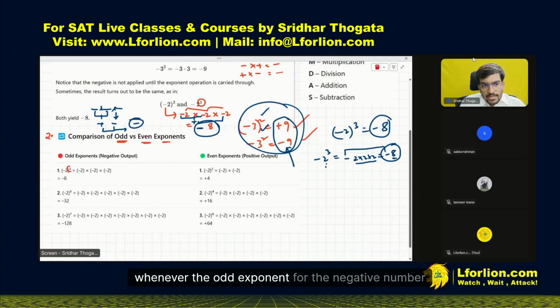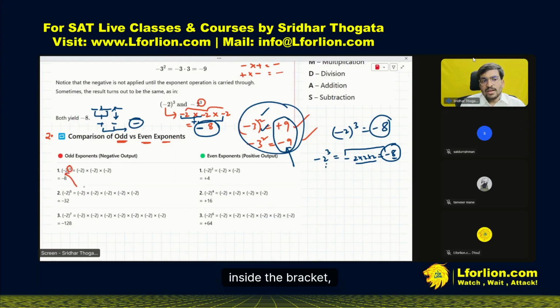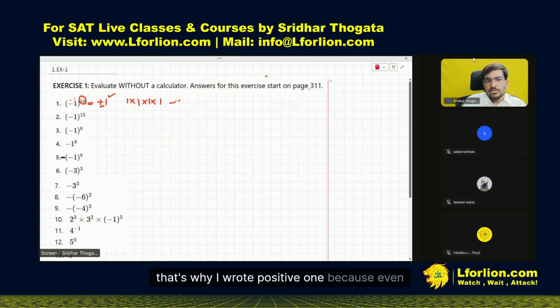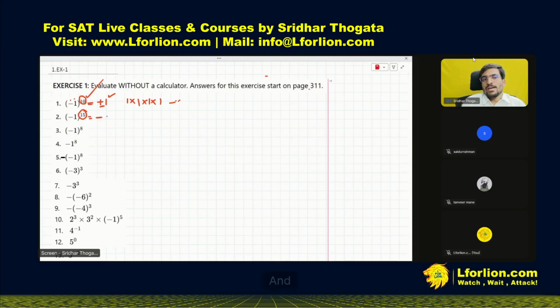Whenever there is an odd exponent for the negative number inside the bracket, you end up with a negative result. If the even power comes, you end up with a positive result. So this is what we are going to do in this next exercise. Here, that's why I wrote positive 1, because of the even exponent. Here it's an odd exponent, definitely a negative value. Odd exponent, negative result. Even exponent, positive result.